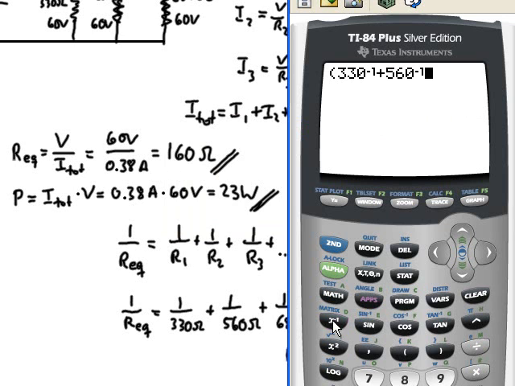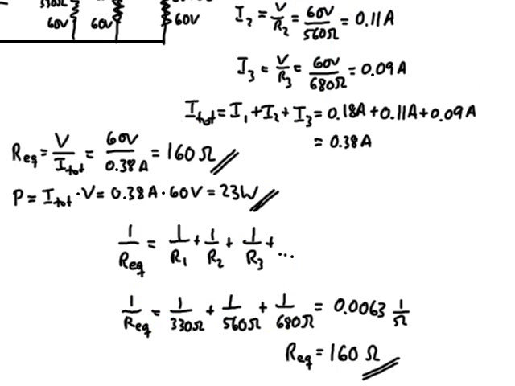Plus 560 plus 680, and then I close the parentheses, and now if I do that I come up with that really small number, the 0.0063, but I know I need to invert it, so after I close the parentheses I do the -1 again, which inverts it again, and that's why I put parentheses around this right away. So in parentheses I invert each one of the numbers as I add them, and then after I close the parentheses I invert it again, which then will give me this equivalent resistance, and when I hit the enter button, indeed I come up with the 159.